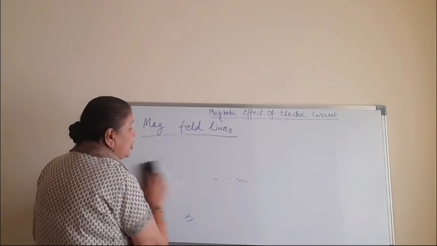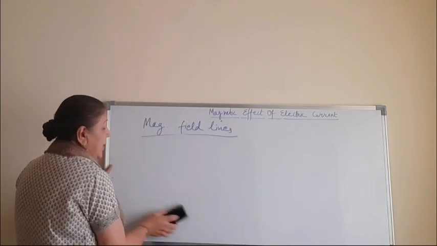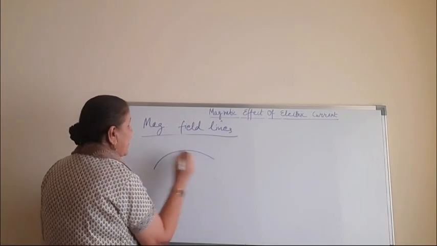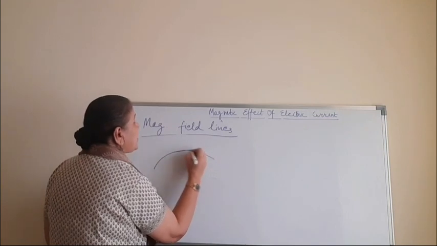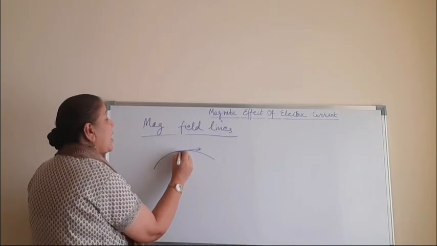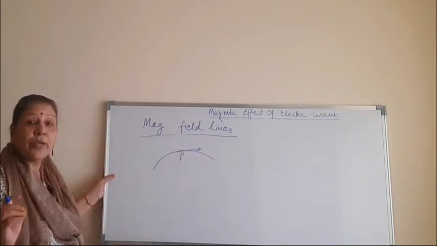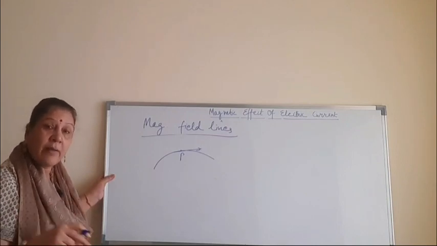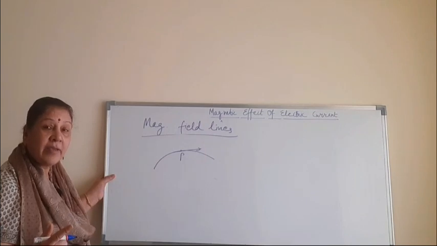Now, why can't two magnetic field lines intersect each other? You know that for field lines, the tangent at any point, say this is point P, shows the direction of the magnetic field. For one bar magnet, it will have one magnetic field.